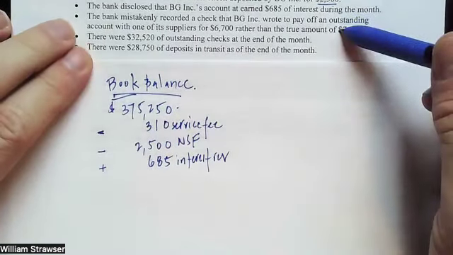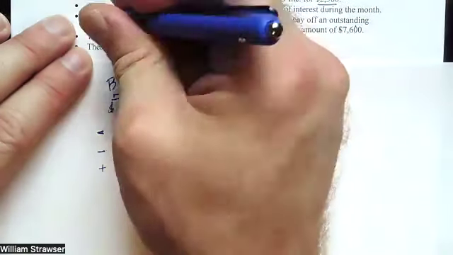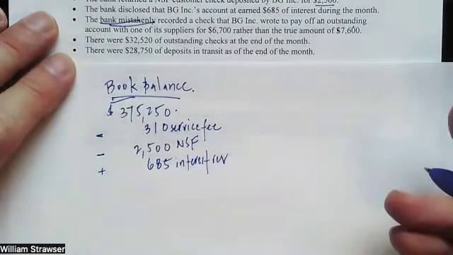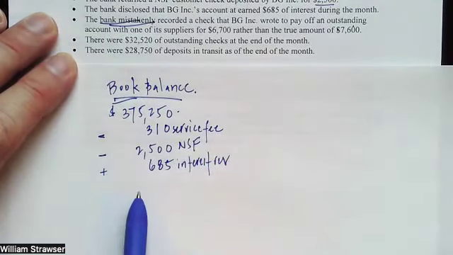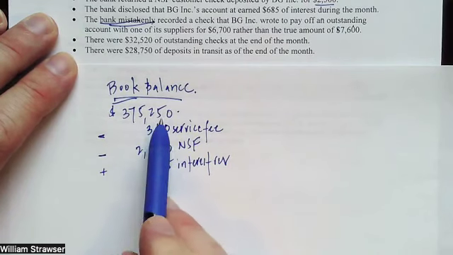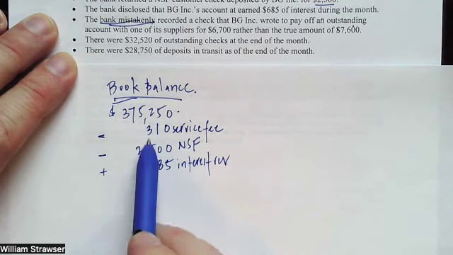The bank mistakenly recorded a check that BG Inc. wrote. So it's the bank's mistake. If it's the bank's mistake, it does not go on the book side because this balance is not in error. If it was a book error, yeah, we need to adjust on this side.